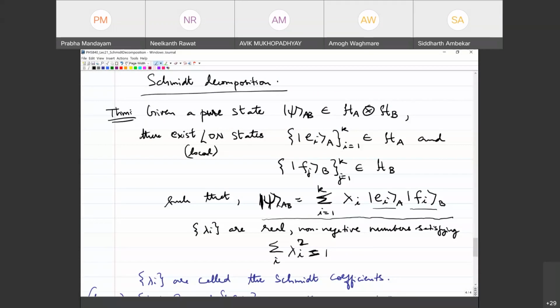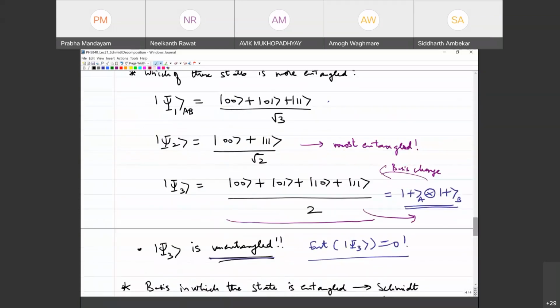Okay? So what you did here, this basis change, you did in a very intuitive way. You looked at the state, you said, oh, but this is simply plus tensor plus. So this is actually a Schmidt decomposition. This is the general description in terms of the standard basis, and then you rotated it to the plus basis, and you realized that if you try to do a Schmidt decomposition, there is only one non-zero term.